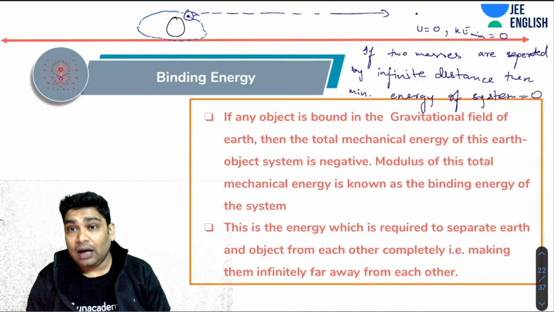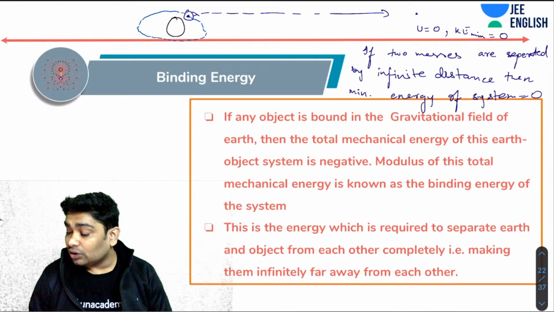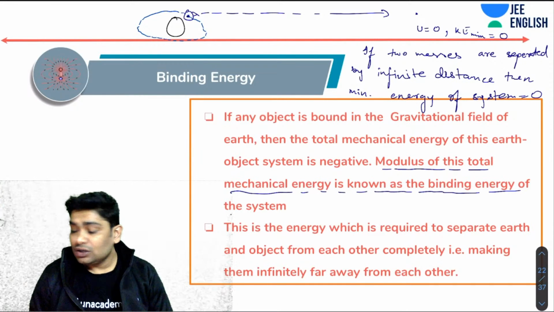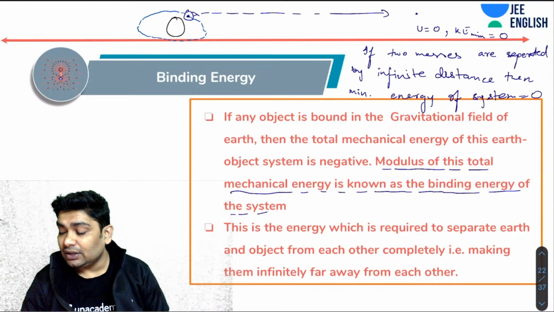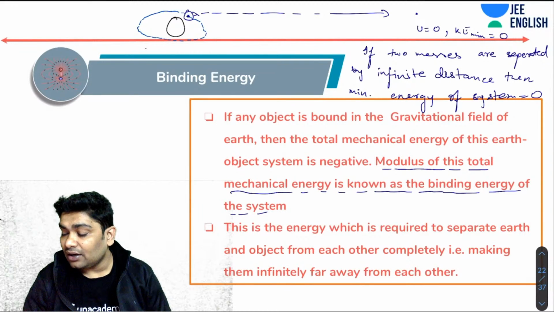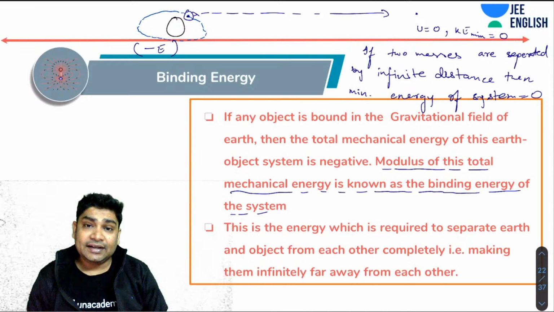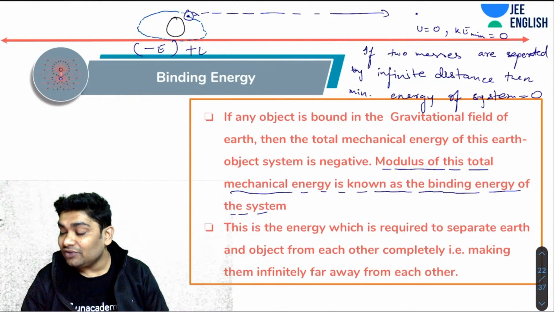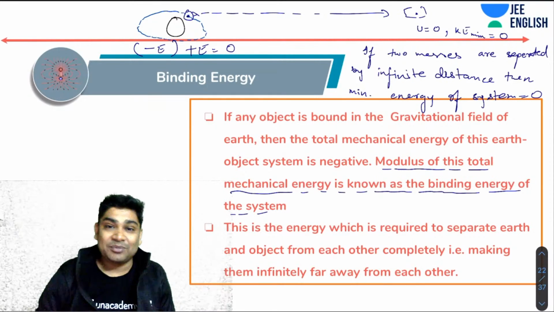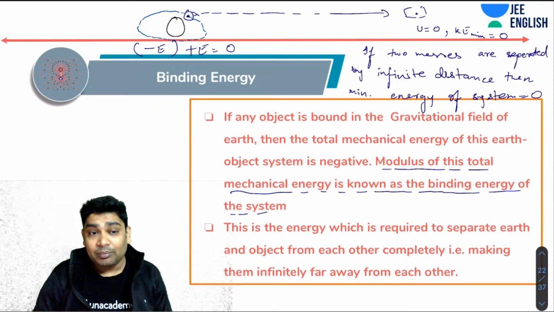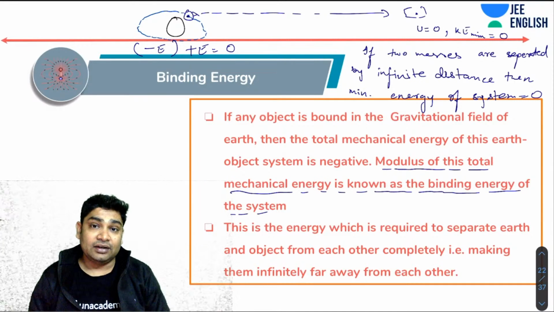Now you realize the modulus of this total energy is known as binding energy. Why? Suppose this is a system here and it has some total mechanical energy of minus E. If I give this system plus E amount of energy, its total energy would become zero, and that is what is required to escape the gravitational field. To escape the gravitational field, any system must have a minimum of zero total mechanical energy.